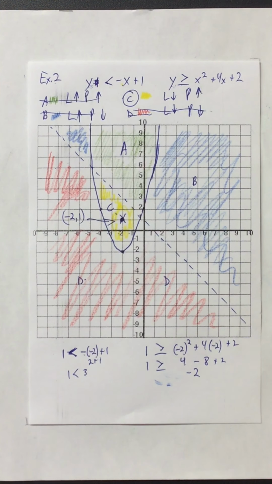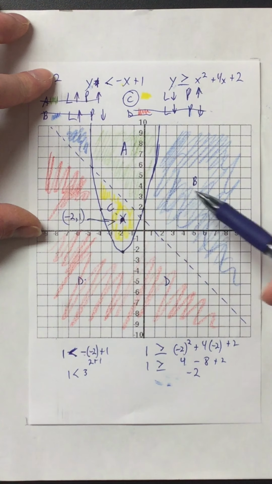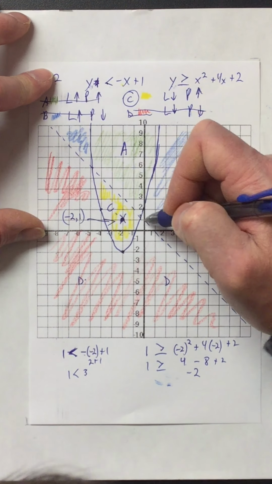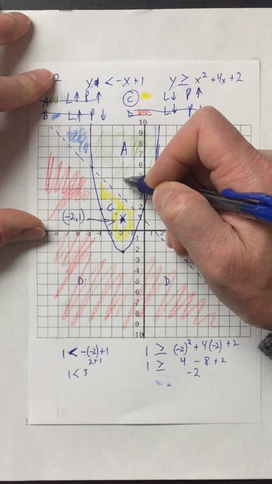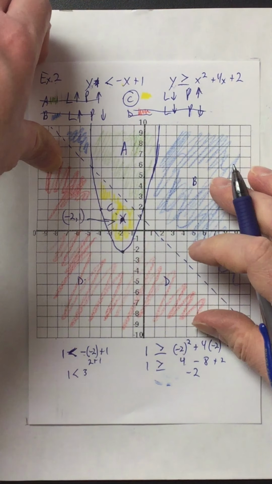Is 1 greater than or equal to negative 2? It's definitely greater than, so that is also a true statement, and it proves that we have selected the correct section as our answer. If we'd picked a point somewhere up here in A, perhaps negative 2 for the x value and 5 for the y value, then it should prove a statement that is false.